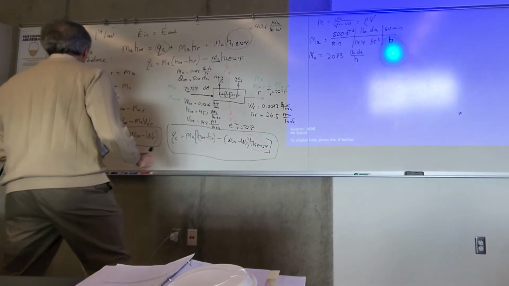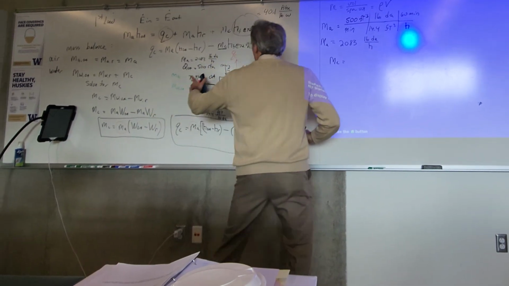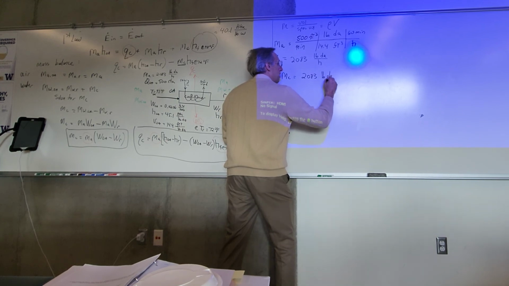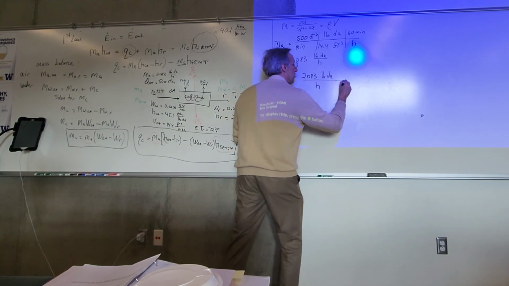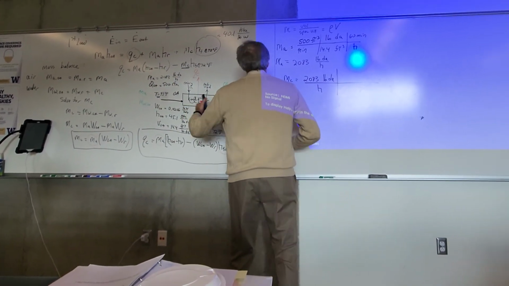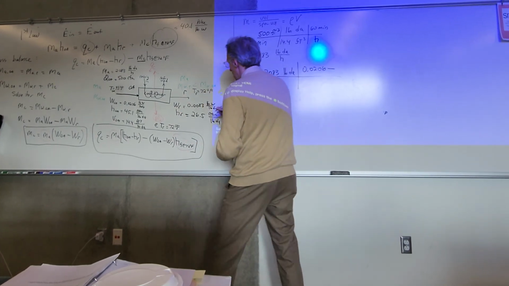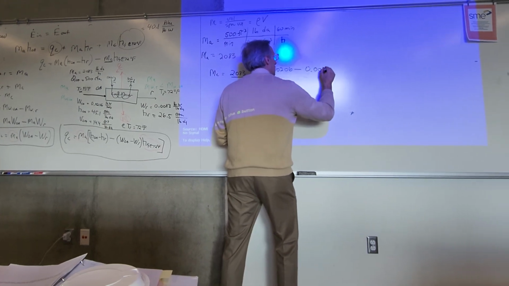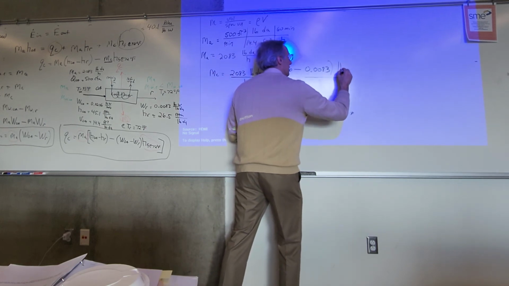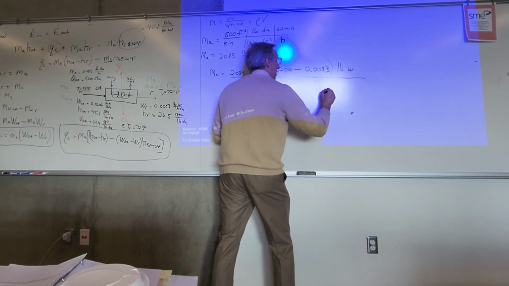Okay, so our mass flow rate of condensate is mass flow rate of air, which is 2083 pounds of dry air per hour, times WOA, 0.0206, minus WR, 0.0083, and the units are pounds of water per pound of dry air.